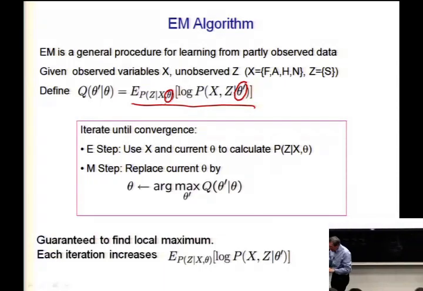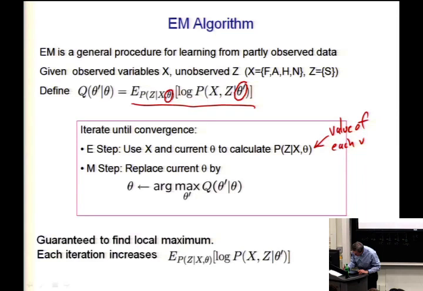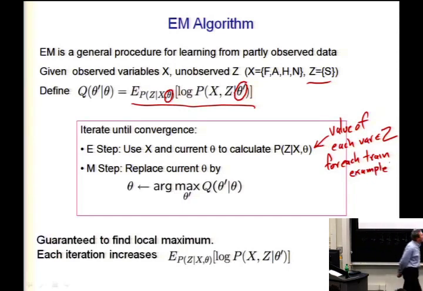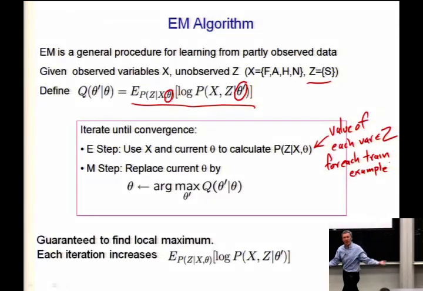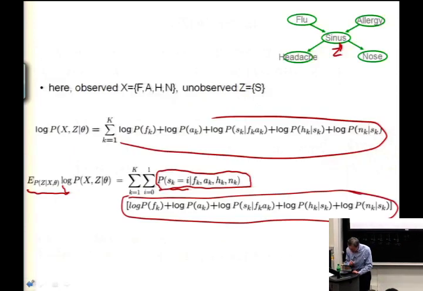Okay, so that's what we're doing. In the E step, to calculate this, in particular, the value of each unobserved variable in Z. Z is our unobserved variables, for each training example. Now we plug that into our expression for the likelihood. Where's our expression for the likelihood? There it is.